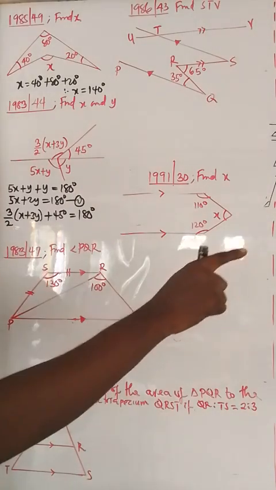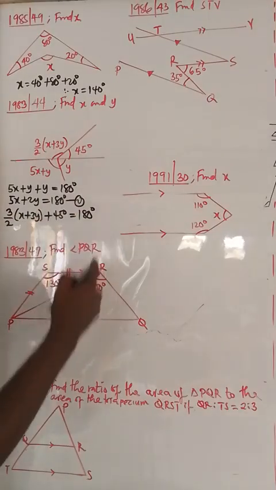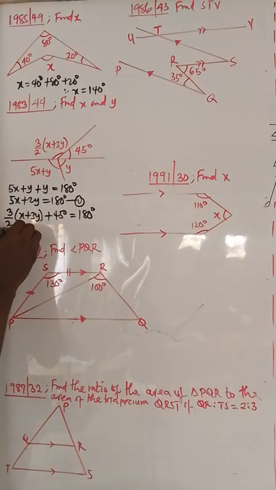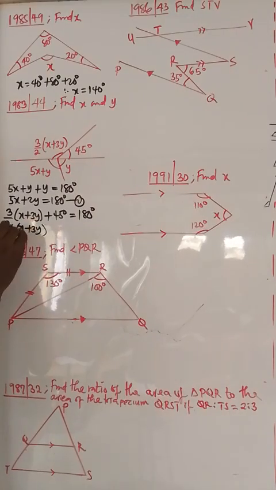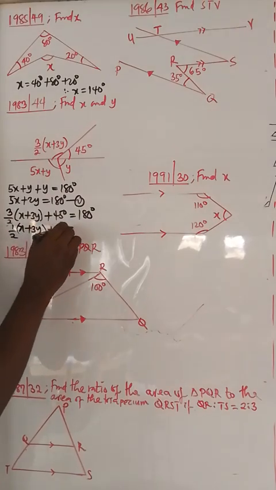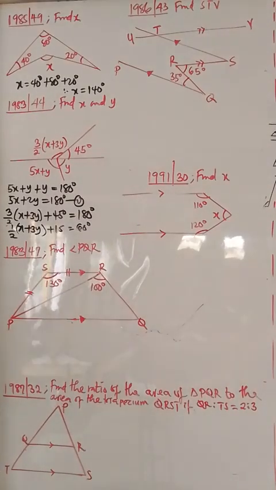The 3 is common to everything. There is 3 here, a multiple of 3, a multiple of 3. So when we take all the 3 away, we have x plus 3y, there will still be 1 over 2 here, plus 15 equals 60, if you divide it by 3. Then we can multiply it by 2 to get rid of this half.